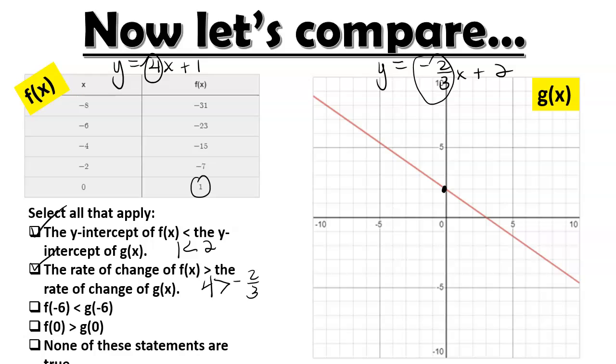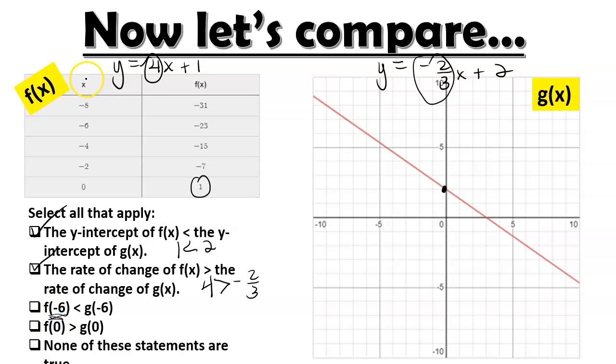This is where it could get confusing, but we are pulling function notation into this. Function notation on a table can be easy if you have the number there. If you remember, when we have f of something in parentheses, that's our x value. That's our x value, -6.